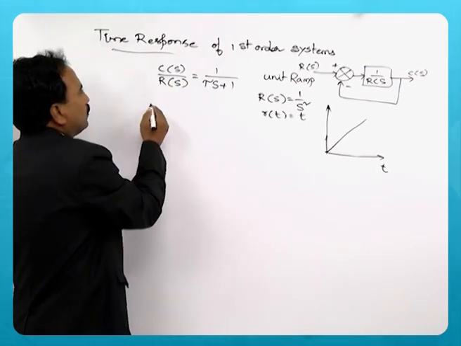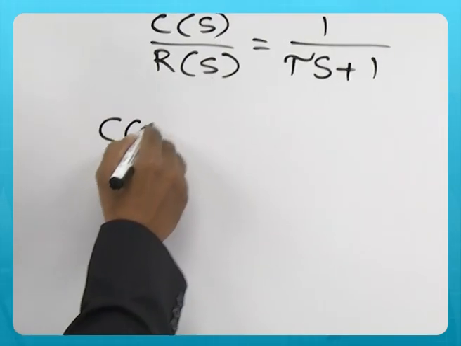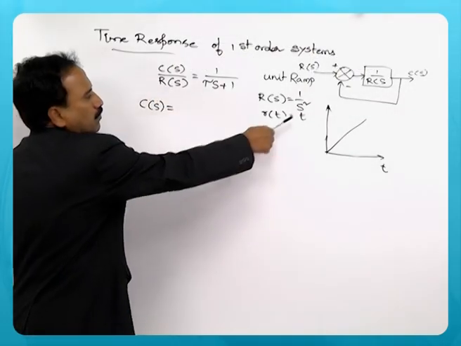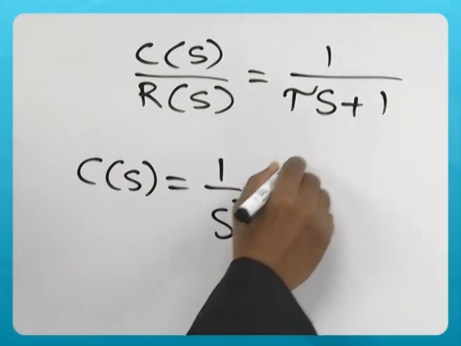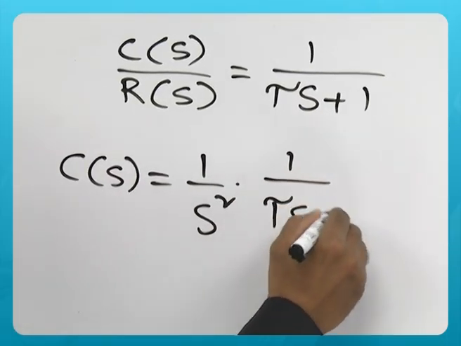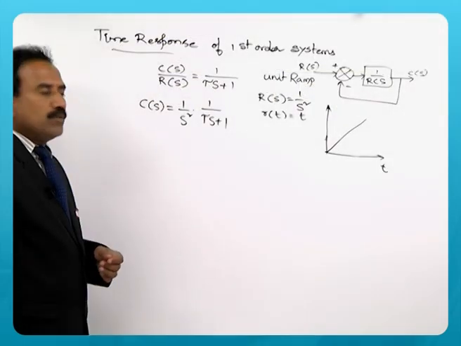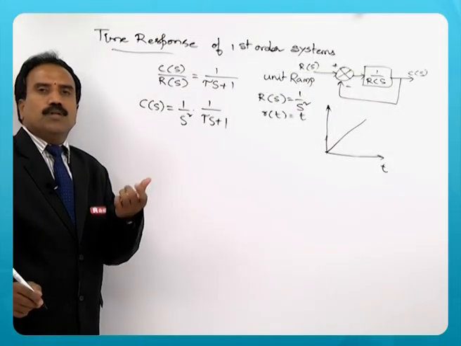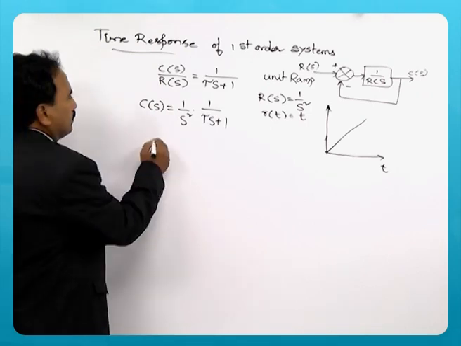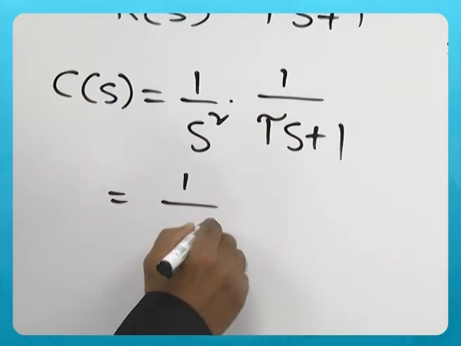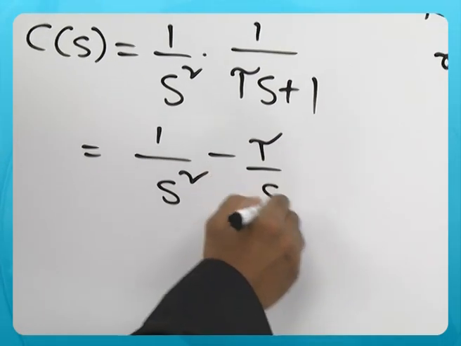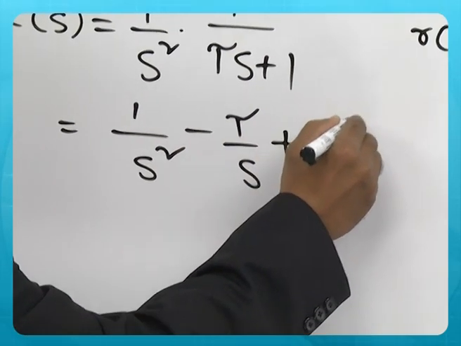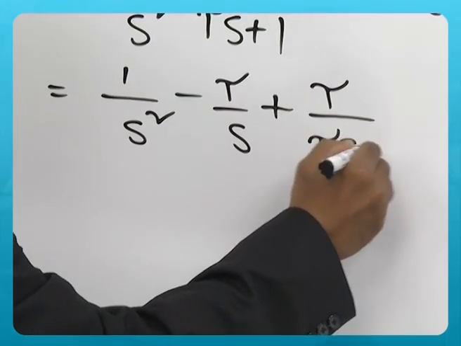So, first I should get C(s), because R(s) is equal to 1/s^2. So, you write now 1/(tau s+1) times 1/s^2. Expand this function into partial fractions, you get 1/s^2 minus tau/s plus tau/(tau s+1).